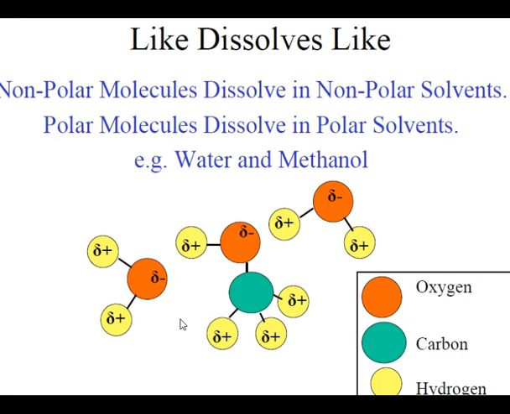But if you put something in there that doesn't have those positive and negative regions, not sugar, but oil, there's nothing for the water to be attracted to, and so the water will stick to itself and leave the oil out. Think of it like Mean Girls, right? They circle around themselves and then no one else can get in the circle. That's the way water acts unless there's someone like it coming into the mix.